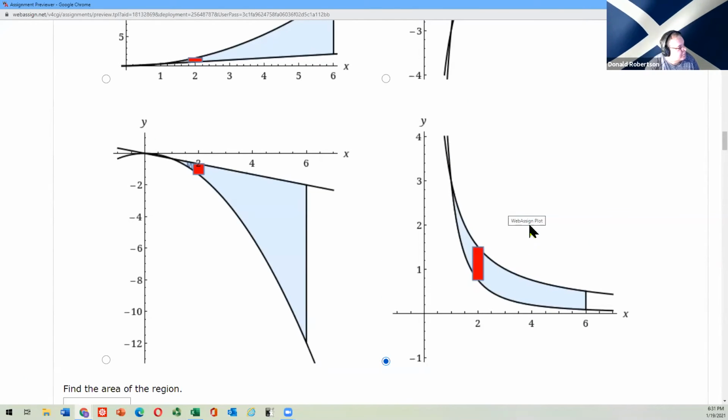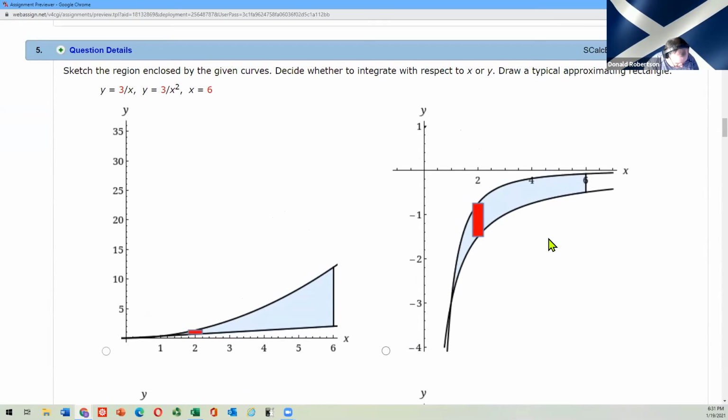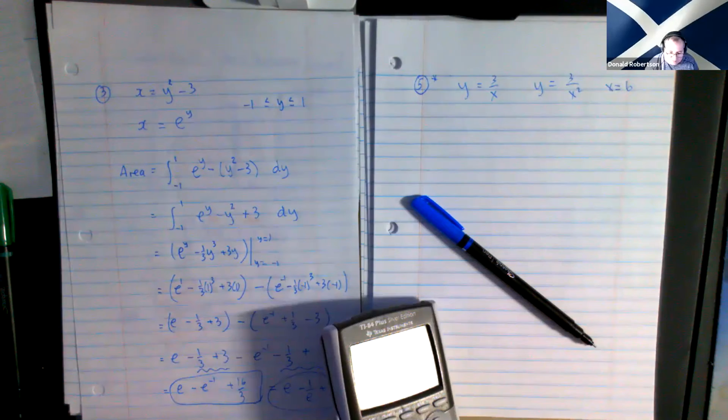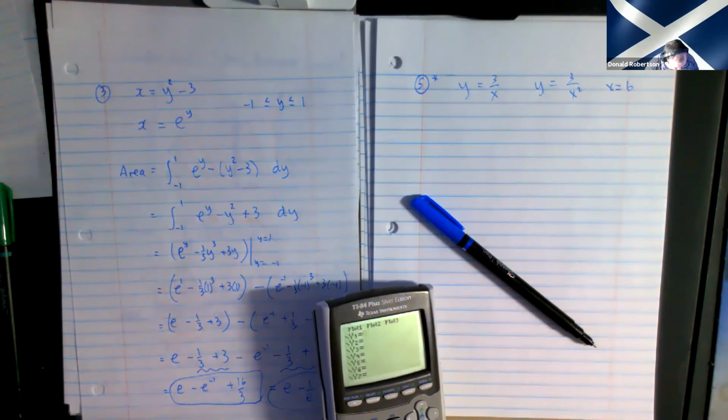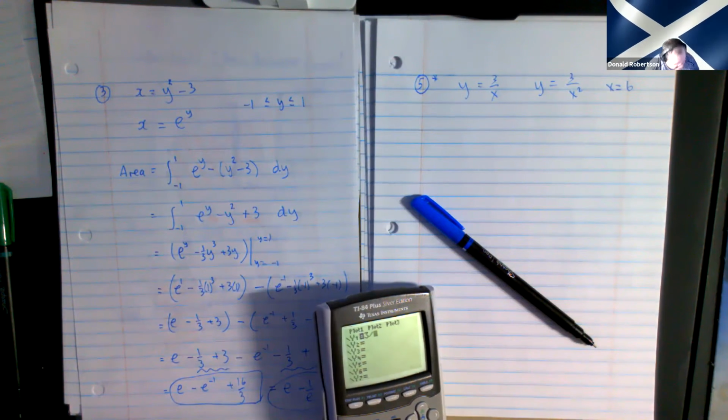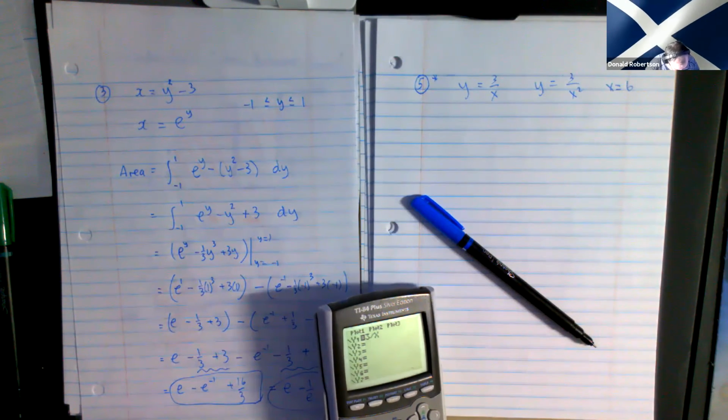And I'm going to do those guys in the calculator right now. Let me show you me doing it. So, first guy is 3 over x, second guy is 3 over x squared.